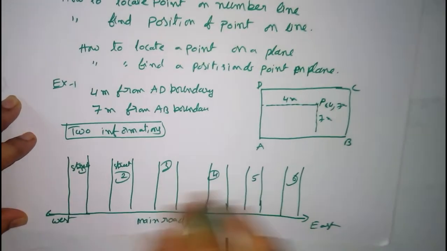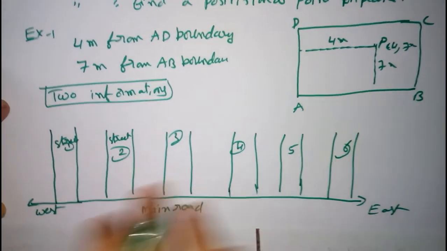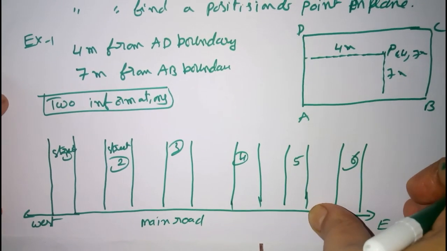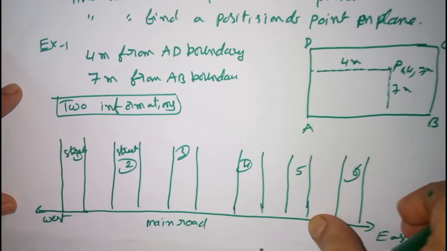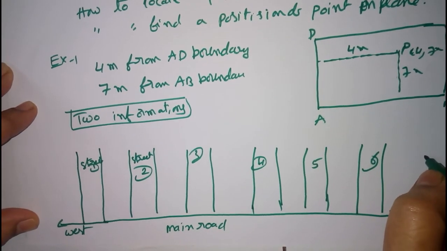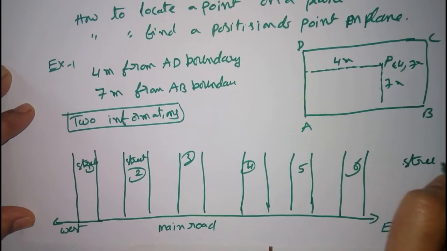They are numbered from west to east. There are 10 streets from west to east. Arun knows that his uncle's house is in street number 3.